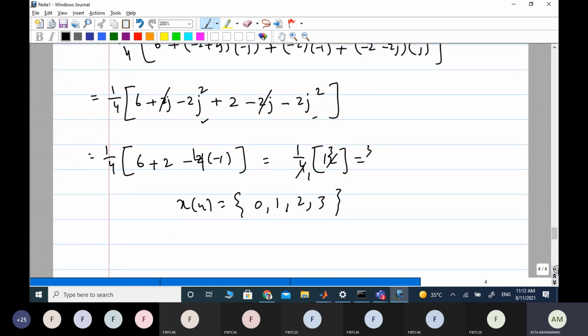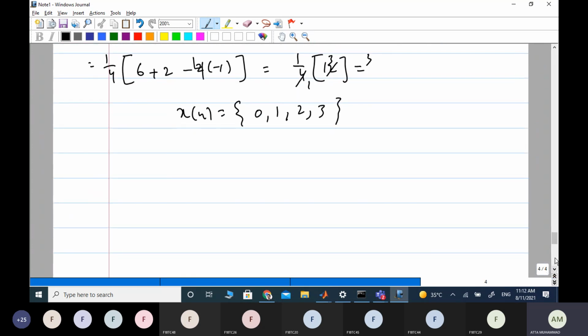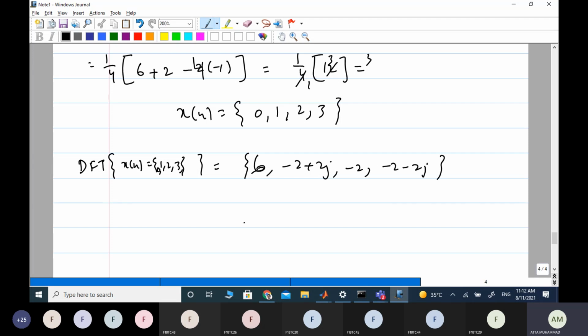Great. So finally we have done it. First of all, what we did is we computed the DFT of sequence x of n, which was 0, 1, 2, 3. And we computed the DFT, and that was equal to 6, minus 2 plus 2j, minus 2, minus 2 minus 2j.